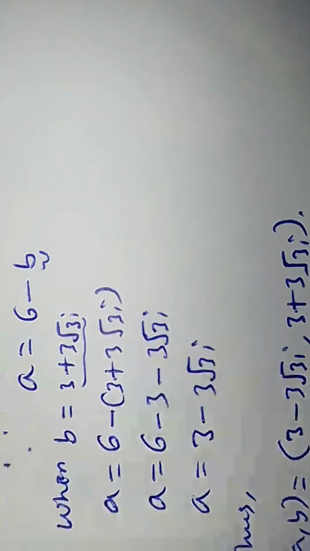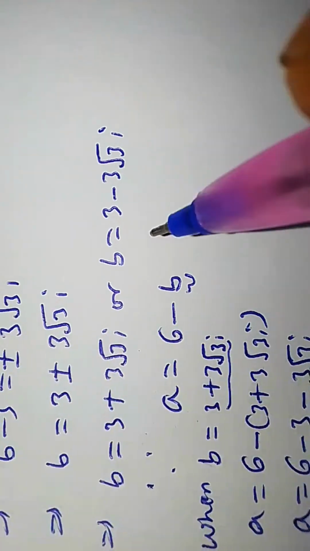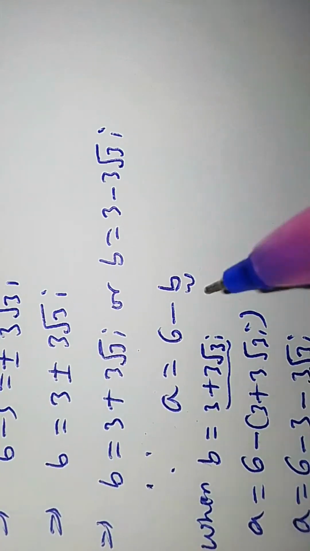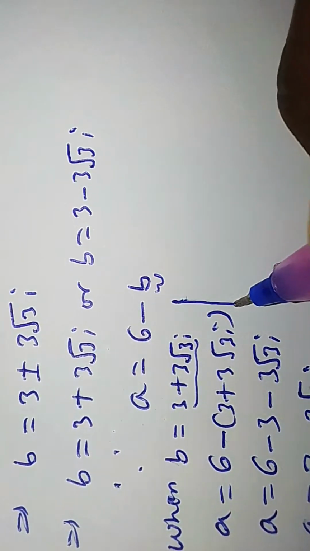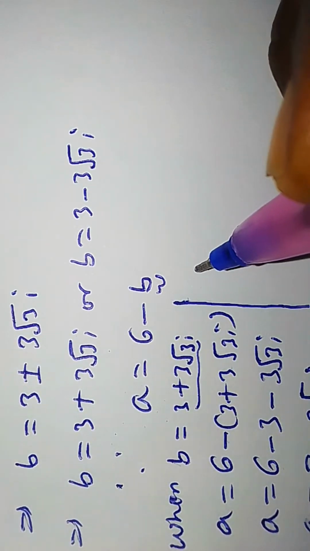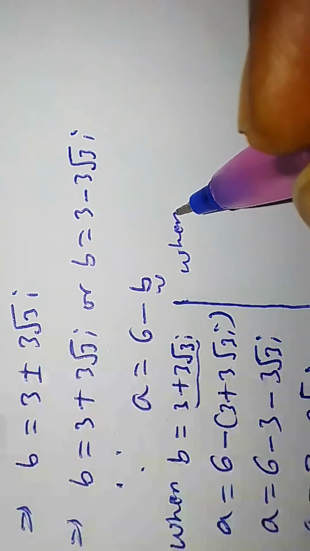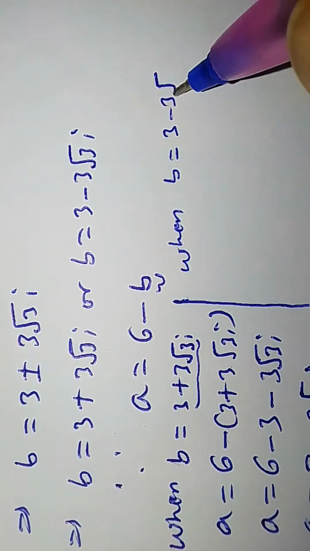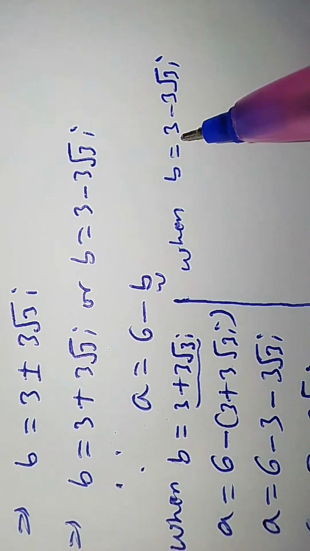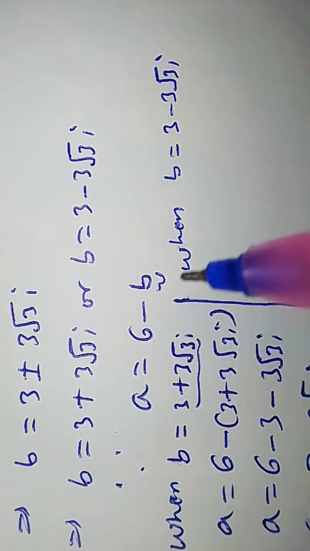The next thing we have to do is to consider the other value of b, which is this one. So let's manage this side. When b is equal to 3 minus 3 root 3i, we just have to plug it into this equation.